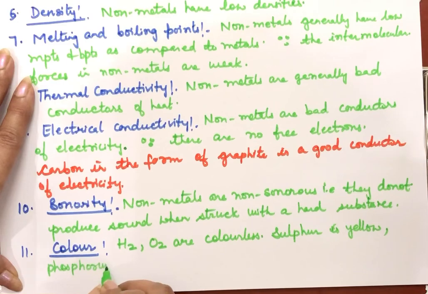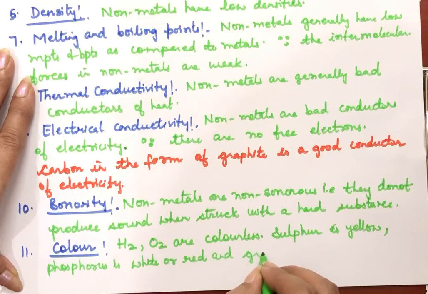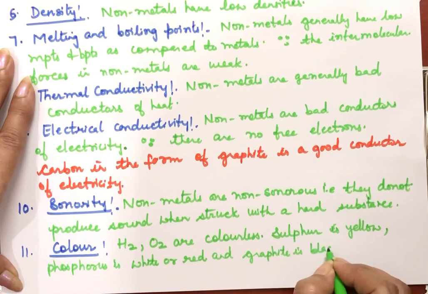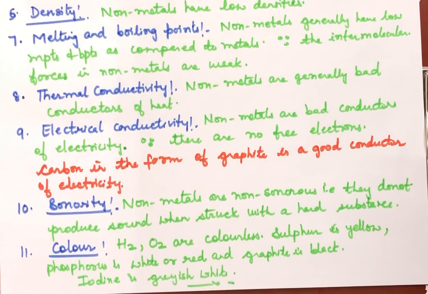The white one is sometimes known as yellow phosphorus also, because if it is left for some time, the white color changes to yellow. Graphite is black. Iodine is grayish white in color. So this is about the physical properties of non-metals.